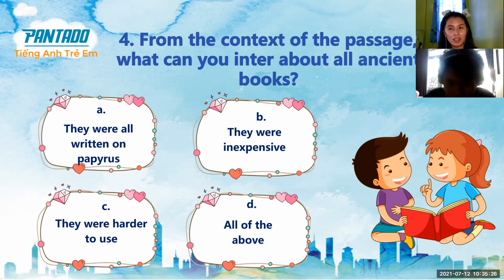What can you say or describe about that? They were all written on papers, or they were expensive, or they were harder to use, or all of the above. Okay, what do you think is the best description of ancient books?